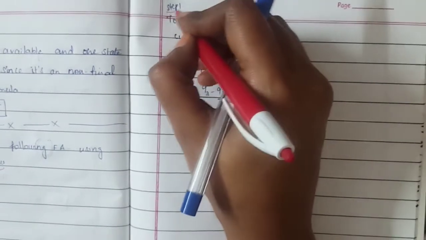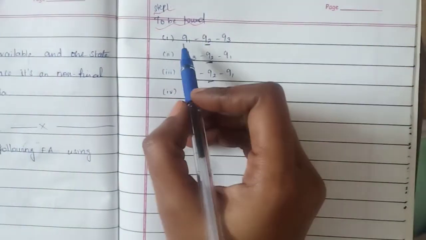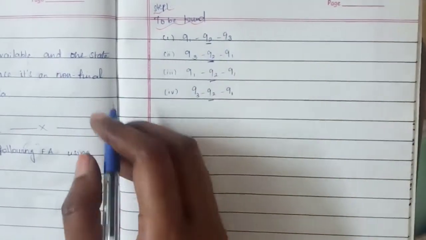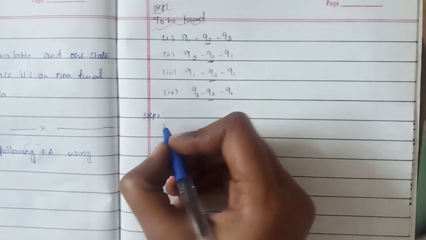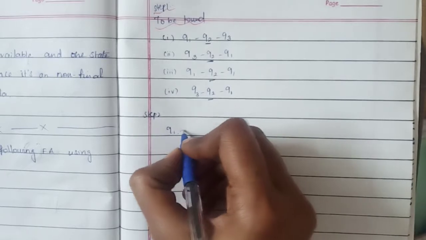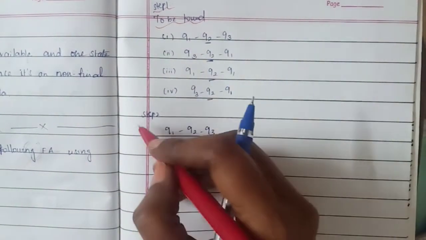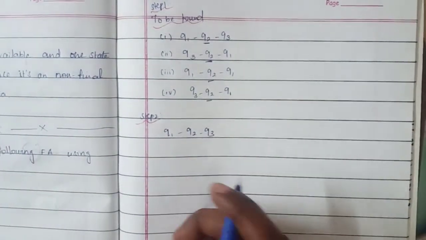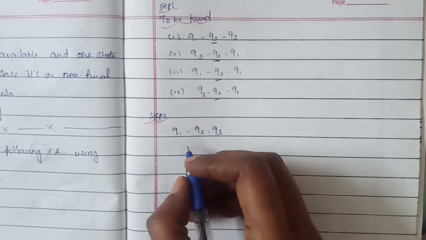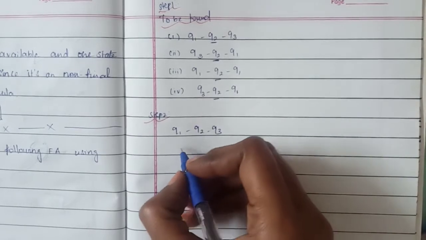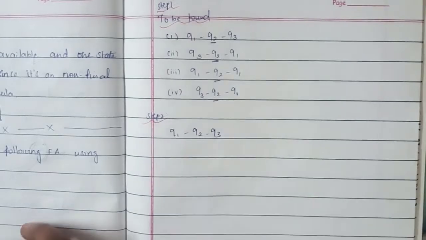So first you have to take this one. Step 2 is to take Q1, Q2 and Q3. Here the state to eliminate is Q2, so we have to draw a diagram.